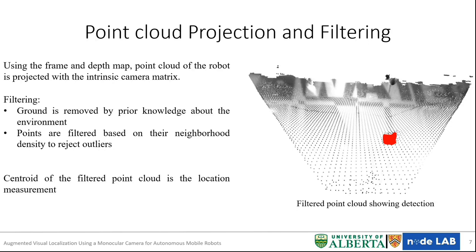So after the filtration step, we are left with this red region that we are showing in this picture, which corresponds to the actual mobile robot. By calculating the centroid of this red point cloud, we can come up with only one point, which is going to be the location measurement for our point cloud at that time step.